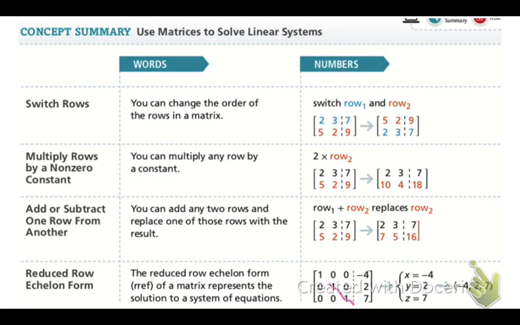The reason why that's beneficial to us is because then if this is x, it equals -4. If this is y, it equals 2. If this is z, it equals 7. Because this is x, this is y, and this is z. Every single problem, you will need to get it into reduced row echelon form.